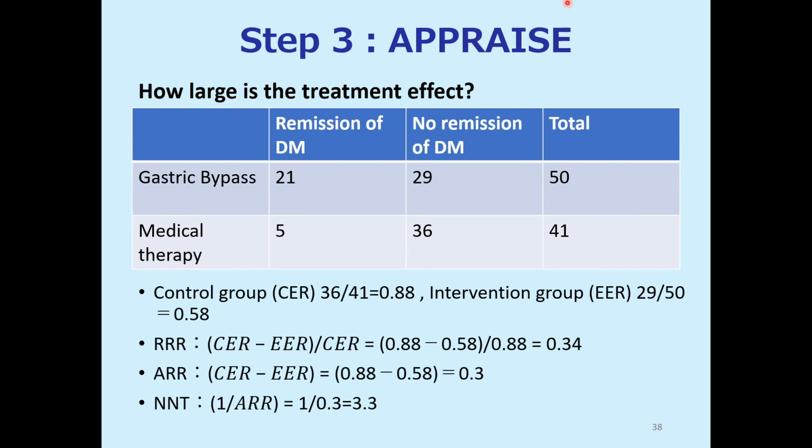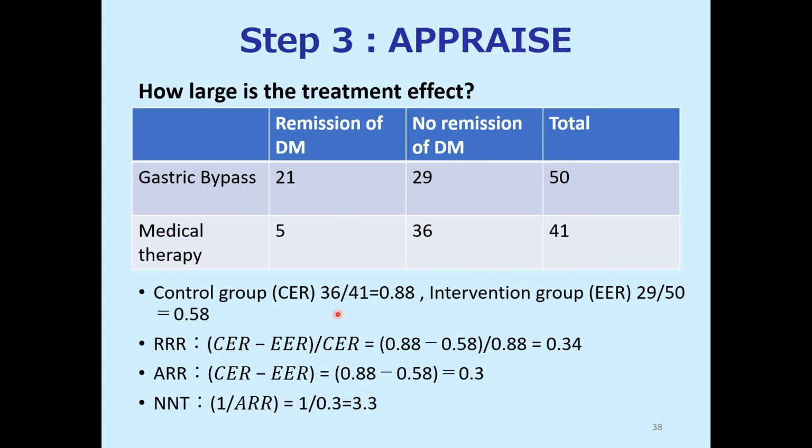In this study, the gastric bypass patients are in the experiment group and the patients who underwent medical therapy are in the control group. So the control event rate can be calculated by dividing the number of patients who underwent medical therapy with no remission of diabetes, that is 36, divided by the total number of patients who have undergone medical therapy, that is 41.